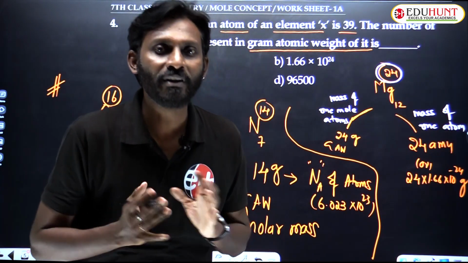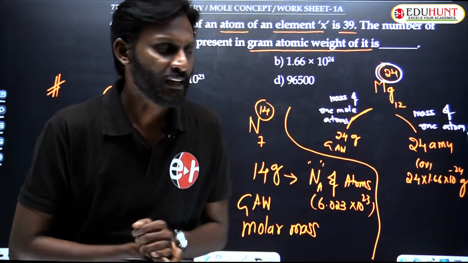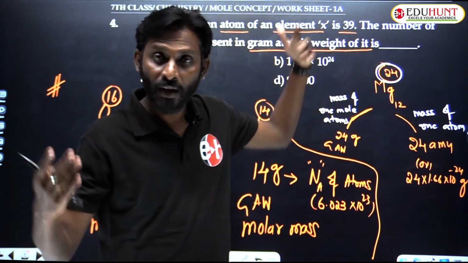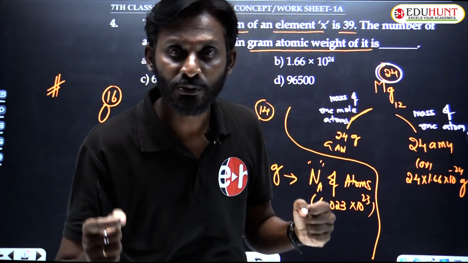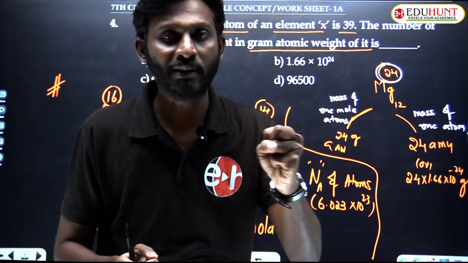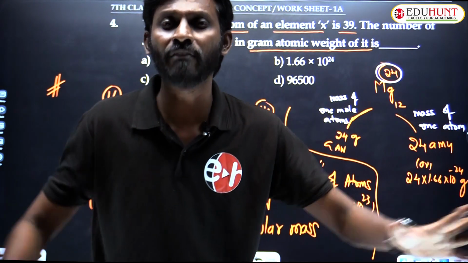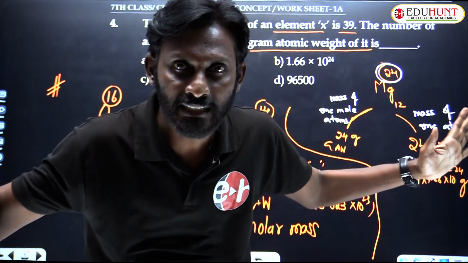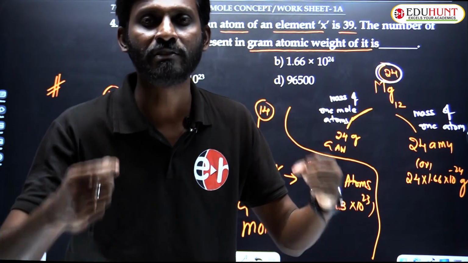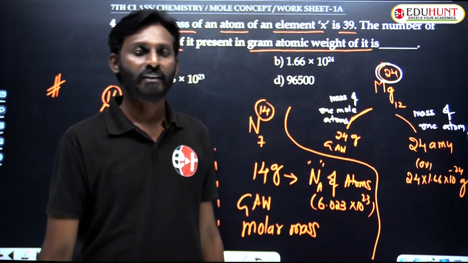I hope now you understand the difference. That's why I asked you to memorize by heart the atomic numbers, mass numbers, symbols and names of at least the first 30 elements. Please listen to my words and follow them.